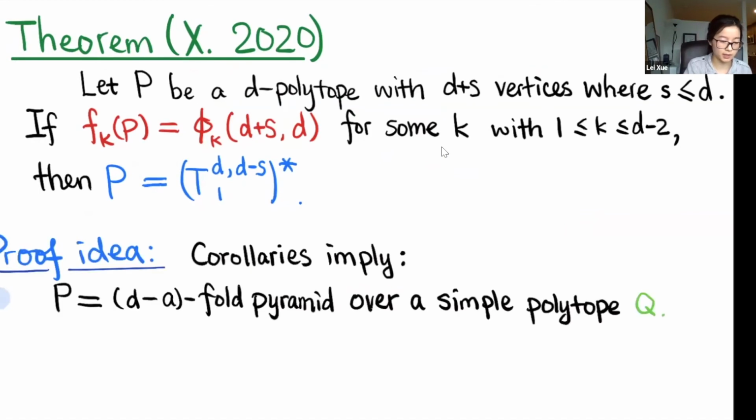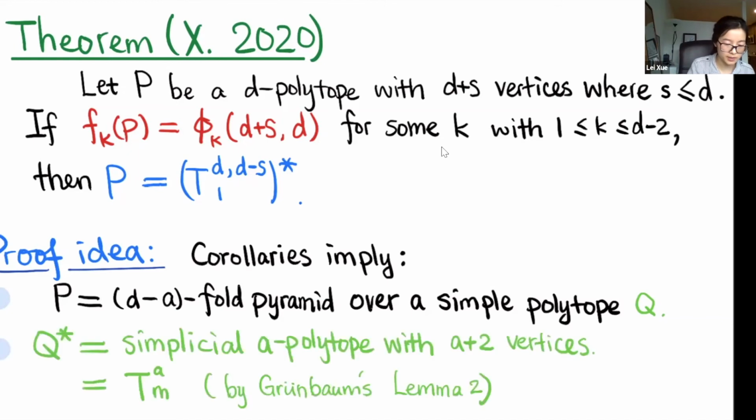And the idea is basically what we had before, so what I just talked about. By corollary 2, every non-apex vertex is simple. So P is some pyramid over some simple polytope Q. And this Q will share many properties with P, because you're just coning from Q to get P. And if you dualize Q, it's a simplicial polytope of dimension a with a+2 vertices.